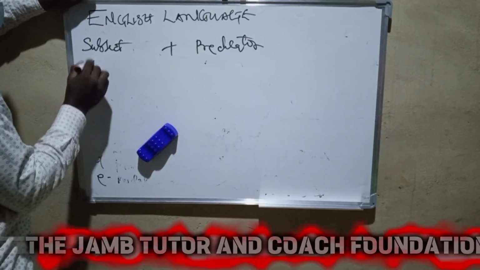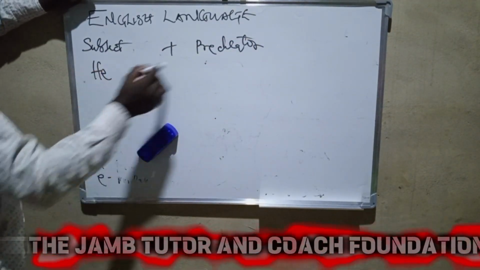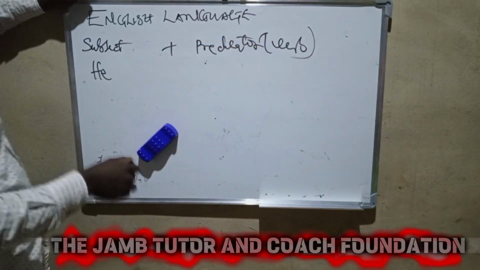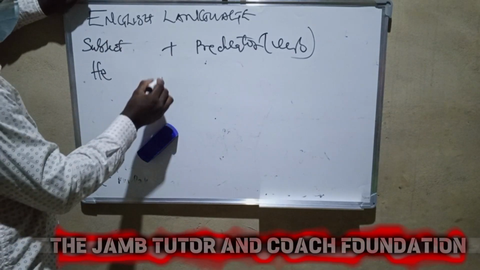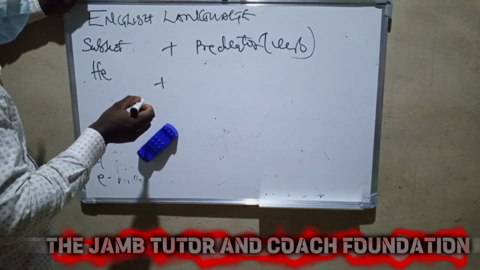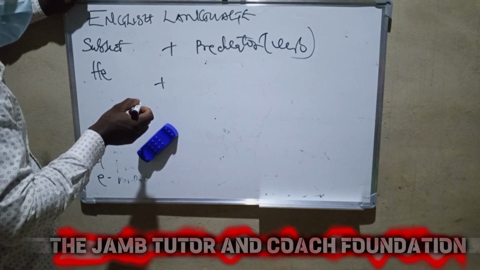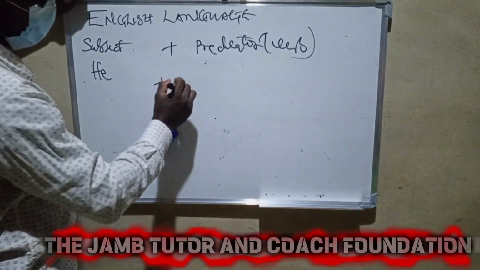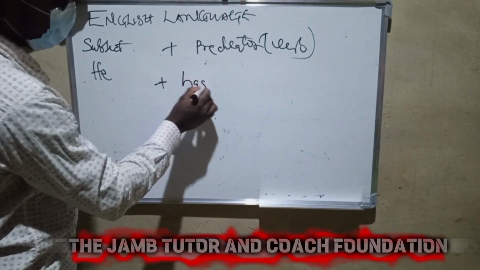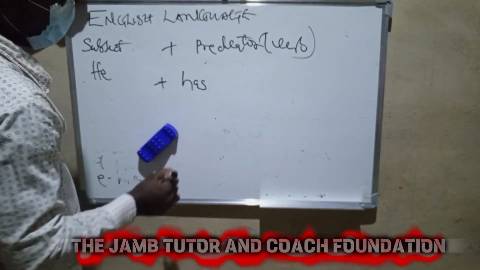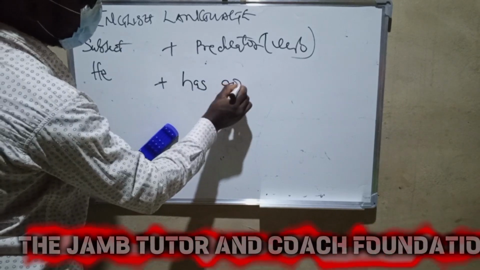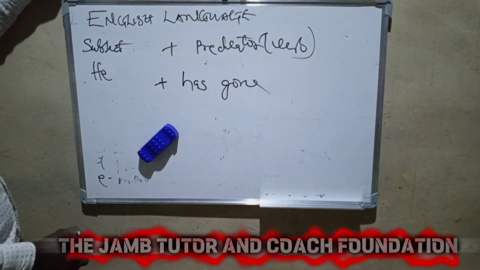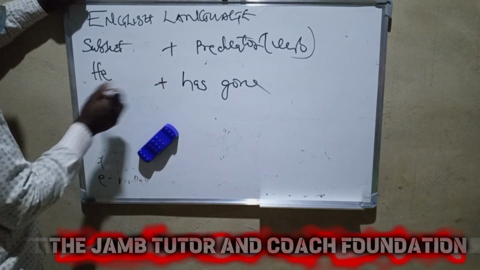The subject, he. So under this predicator, which is the verb, we'll take one of those categories of verb we mentioned. Let's take anomalous plus lexical verb. Anomalous, we have has. Lexical verb, gone. So he has gone. Alright, so that is that.